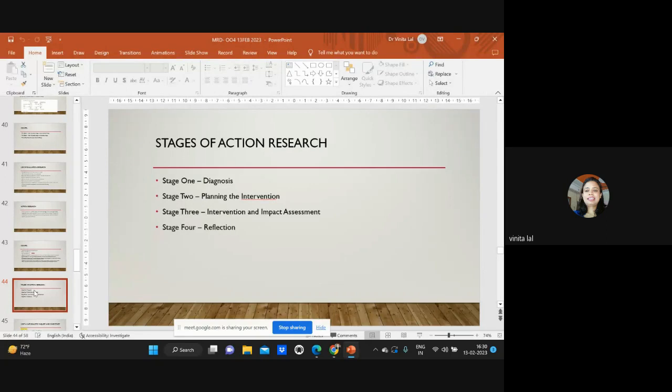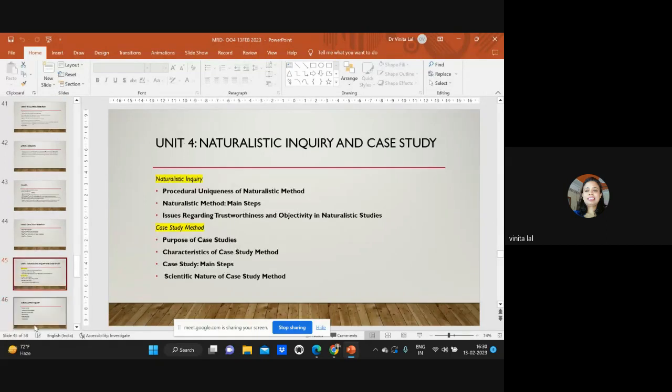The next one is naturalistic inquiry and case study. This is the fourth and last unit. Naturalistic inquiry is a research endeavor focused on how people behave in natural settings while engaging in life experiences. This type of inquiry stems from the naturalistic paradigm, which situates itself opposite the positivist paradigm, totally opposite.